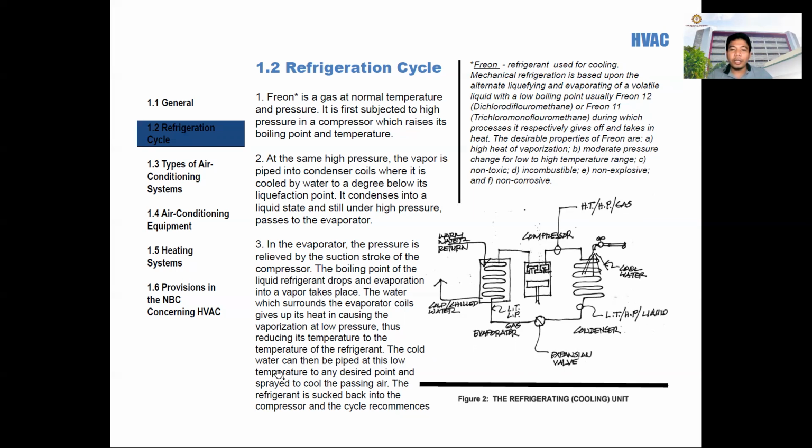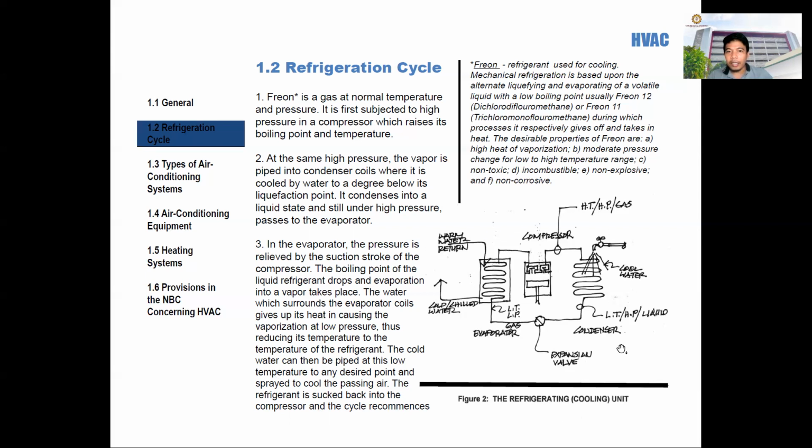So the cold water can then be piped at a low temperature to any desired point and sprayed to cool the passing air. The refrigerant is sucked back into the compressor and the cycle commences.